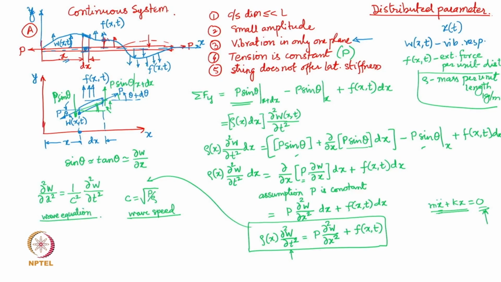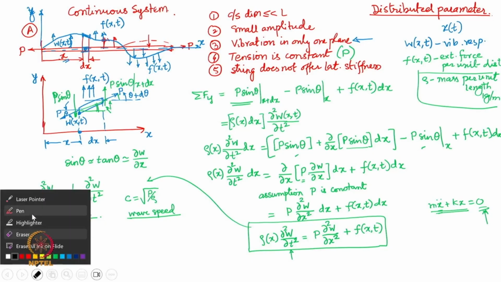Now, how do we solve this wave equation? There are methods, out of which the most common and simpler approach is to consider this w as a function of x and t, represented as a product of two independent quantities, each independent in a specific variable.